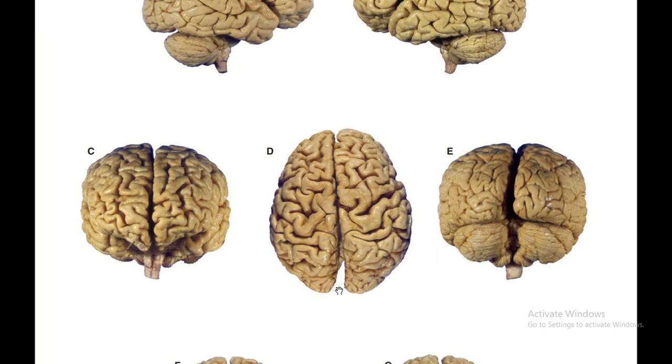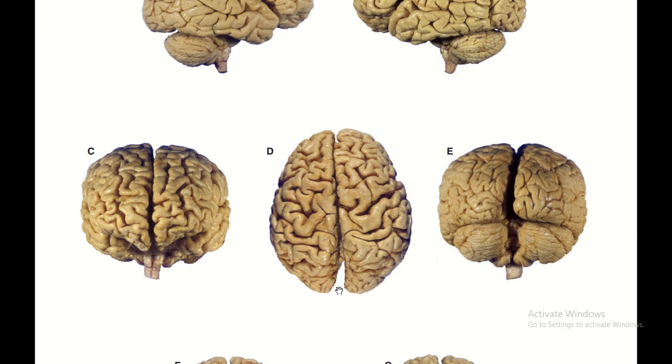What is important to understand is that the brain, the cerebral part of the brain, is going to be divided into lobes. So the brain is divided into lobes. You have 5 important lobes, and these lobes are going to be demarcated by fissures or sulci.